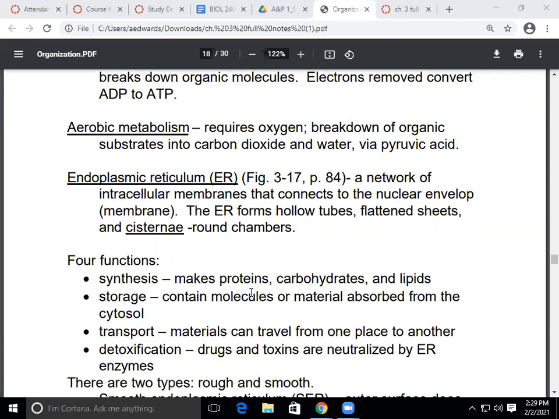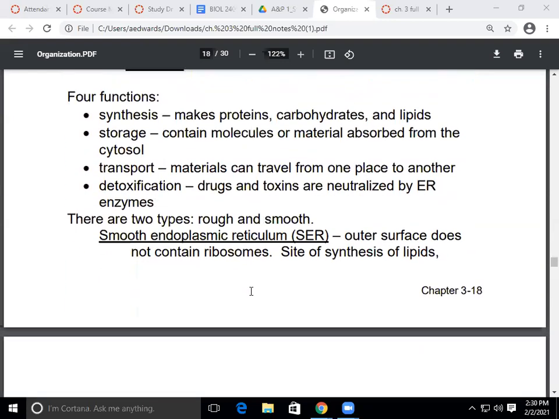Okay. All right. Endoplasmic reticulum. So it's a bunch of membranes, and they connect to the nuclear envelope and form hollow tubes and sheets in what we call cisternae, which are round chambers. So, all right.